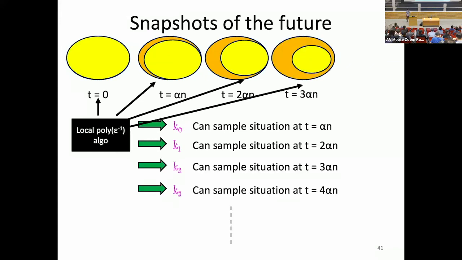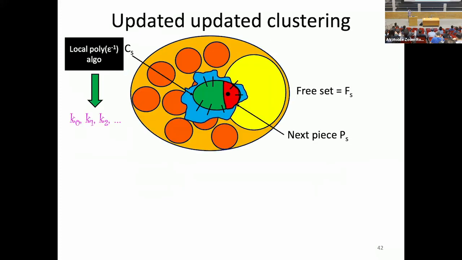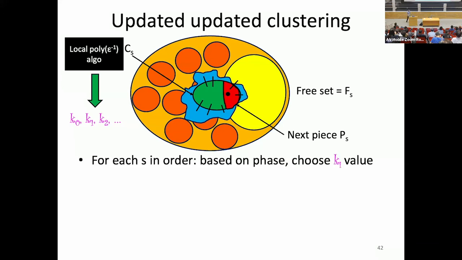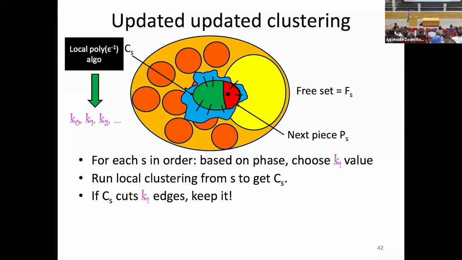And the way to think of the actual algorithm, how it works, is as follows. Initially, think of as a preprocessing step. We first compute these numbers. So polynomial in 1 over epsilon numbers, these are like these cut bounds for each phase. And then each vertex S in order, based on its phase, it's going to choose one of these values as its cut bound, and then essentially run the procedure with that cut bound.